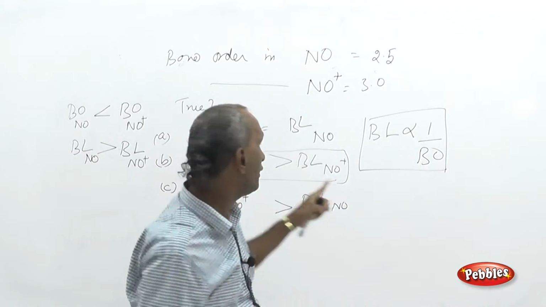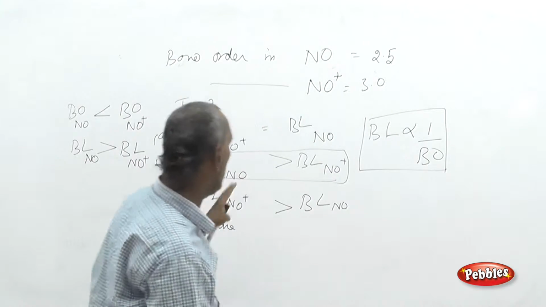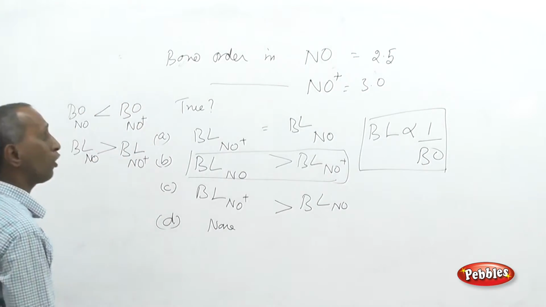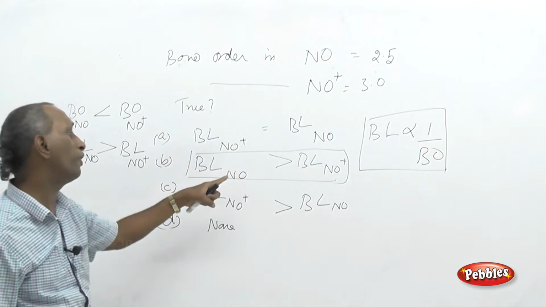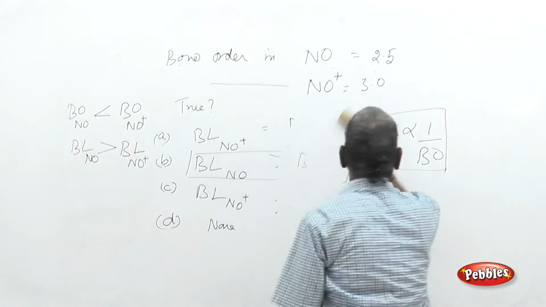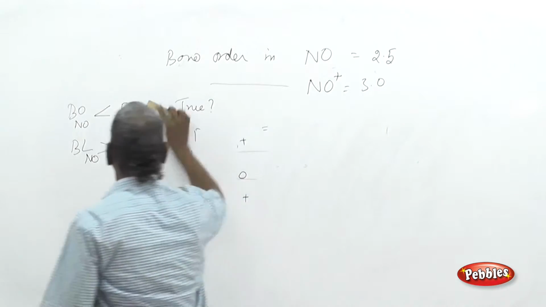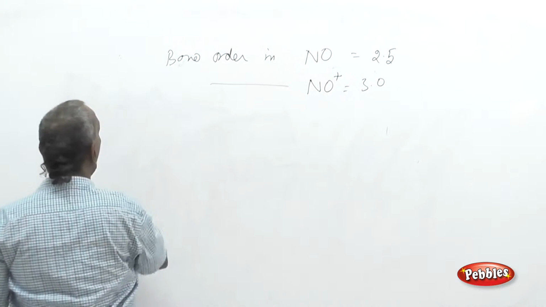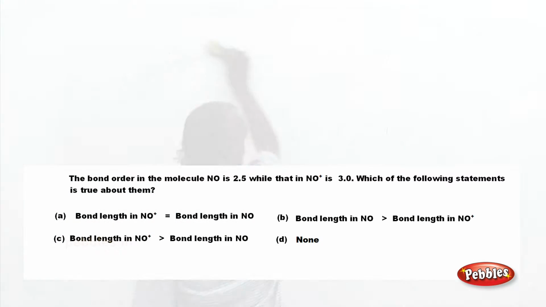Accordingly, definitely they cannot be equal, and none is true is also not correct. One of them is correct. So the correct choice is the second choice, which states that bond length of nitric oxide is higher than that of nitrosyl cation. So this finishes the analysis of this question. Here we have to remember the variation between bond length and bond order.